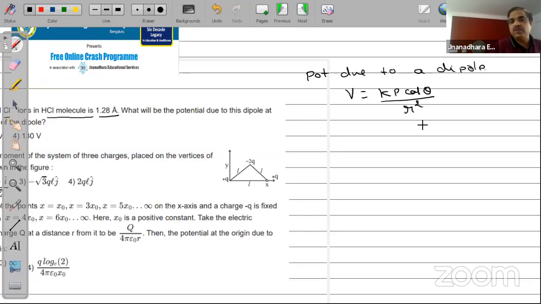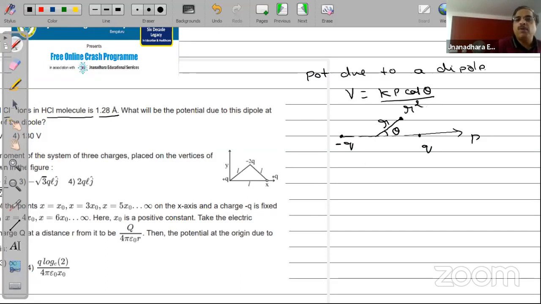This is the relation where theta is, I'll tell you what theta basically here is. If you consider a dipole like this and has a dipole moment P, then theta is the angle that this R makes with respect to P. The expression is then Kp cos theta by r square.